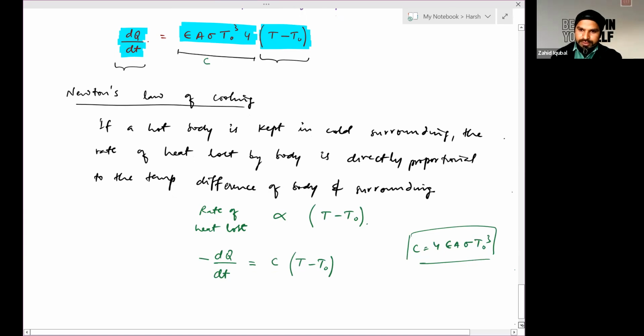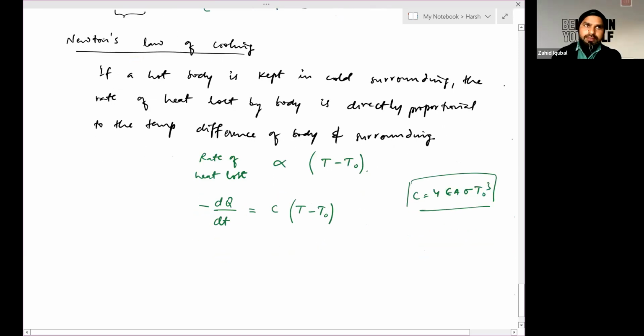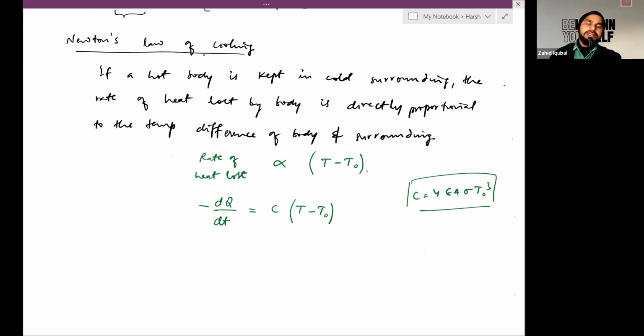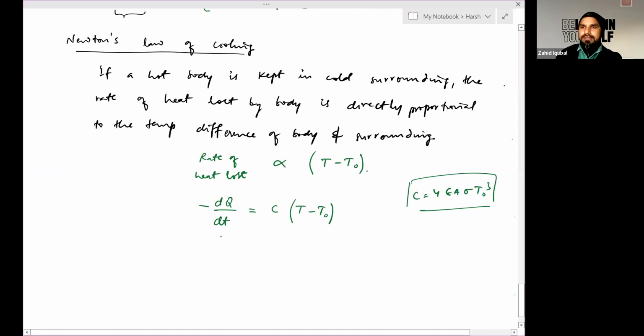Now, if you rearrange this particular equation, since this dQ will be responsible to change the temperature of the body, we may write this dQ with the specific heat. Is it clear? Yes, sir. As it is responsible to change the temperature of the body, we may write dQ equals to m s times dT.